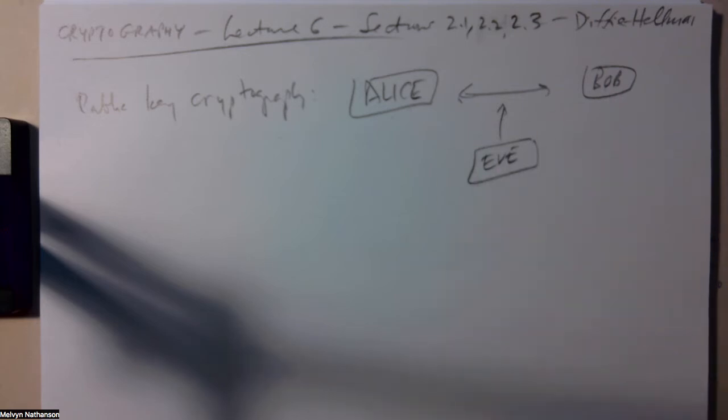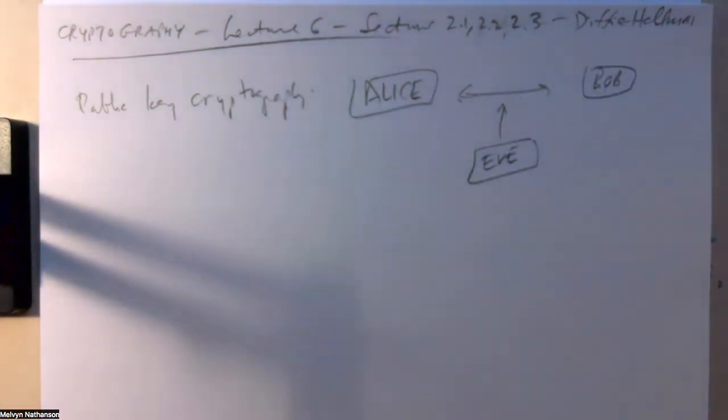This method was discovered by people actually working in the British spy service, and was classified, and then independently, Diffie and Hellman. It was also discovered independently by an undergraduate student at Stanford, but at the time that wasn't widely known. And Diffie and Hellman discovered it and published it, and it's called the Diffie-Hellman system.